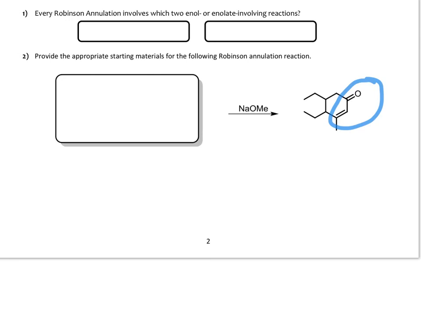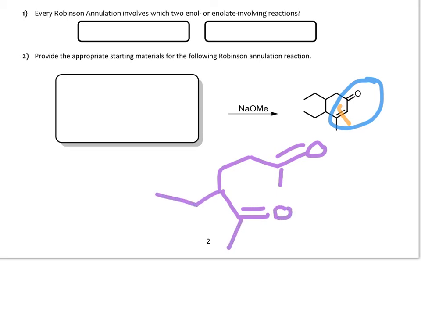Just like an aldol condensation reaction, you know that the double bond that's formed, the alpha beta unsaturated bond, is going to come from an aldehyde or a ketone. So we know that this bond is breaking. If we break that bond and we put an aldehyde in the correct place, what we end up with is something that looks like that.